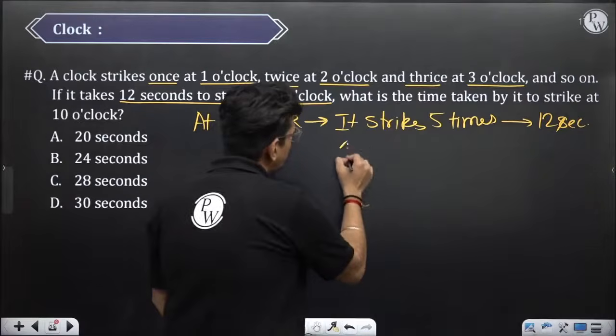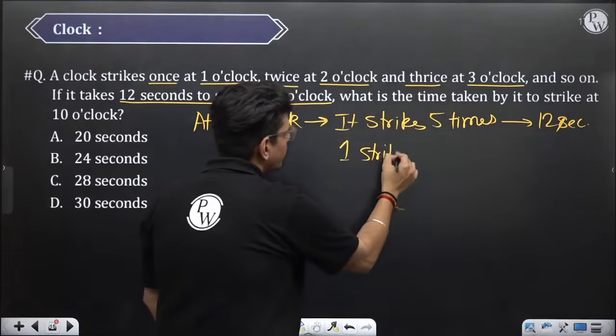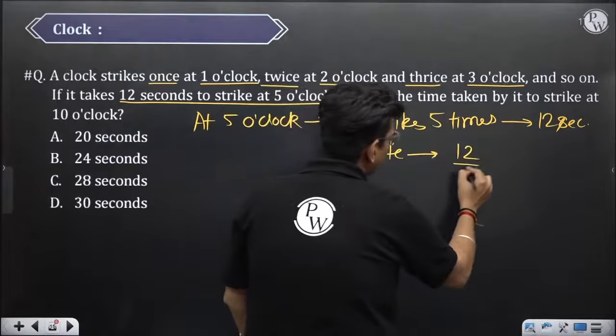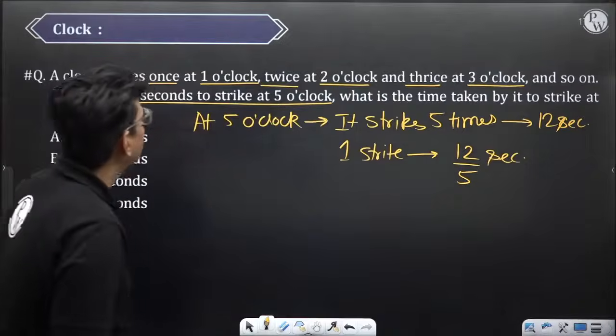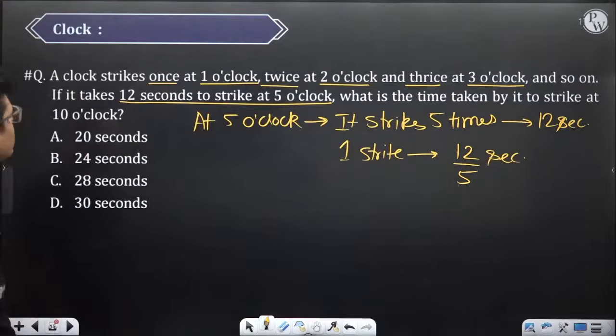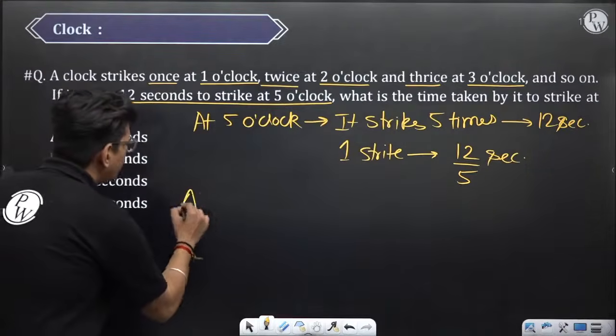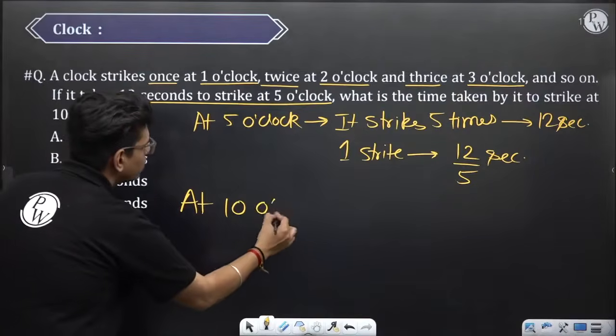So one strike takes 12 by 5 seconds. Okay, this is clear. Now, what is the time taken by it to strike at 10 o'clock?